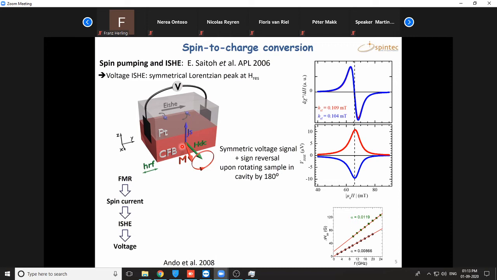For example, if we rotate the sample in the cavity by 180 degrees, we should reverse the signal. And out of this generated voltage, we get the charge current production, which is simply the voltage that develops, taking into account the internal resistance of the sample.